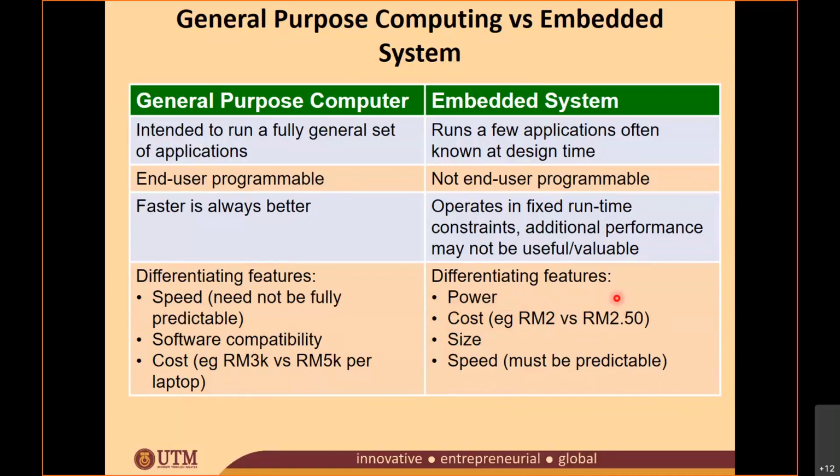So that's why the harga quite expensive compared to calculator A. And then the size of that calculator mungkinlah lagi besar, senang kamu nak tekan press dia punya keyboard. And then speed. Untuk speed tak berapa ni sangat lah. As long as it's predictable, can run that few applications is more than enough. So speed tak memainkan peranan yang penting untuk embedded system.